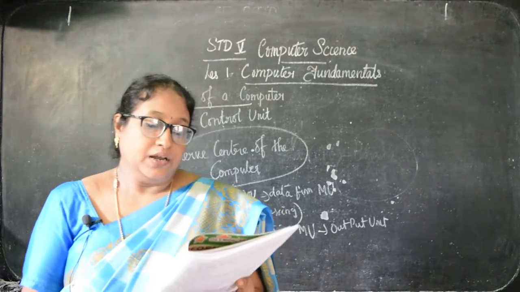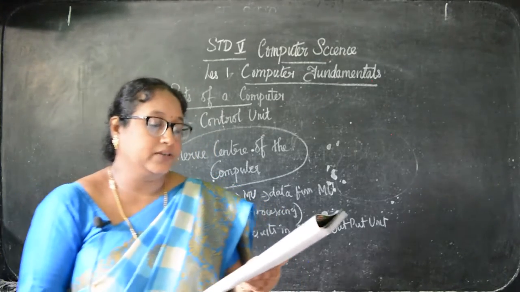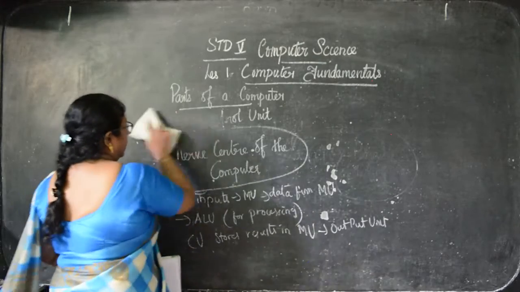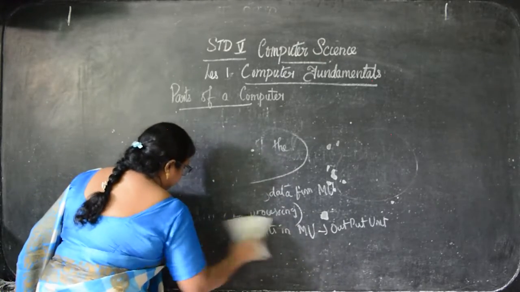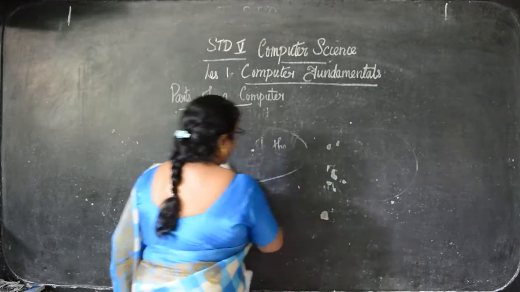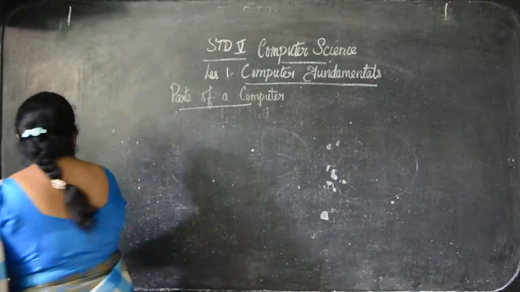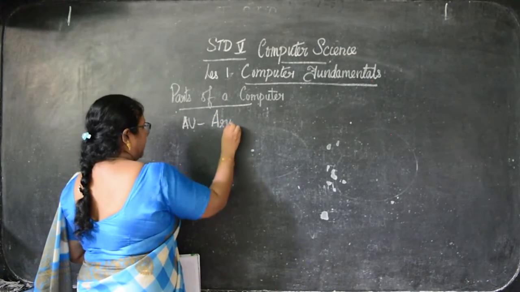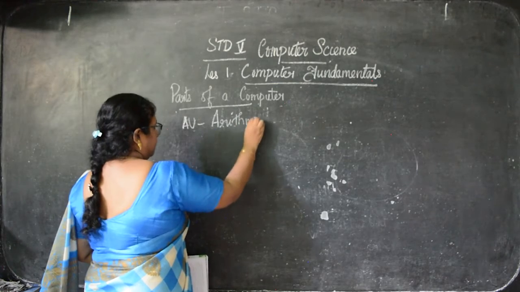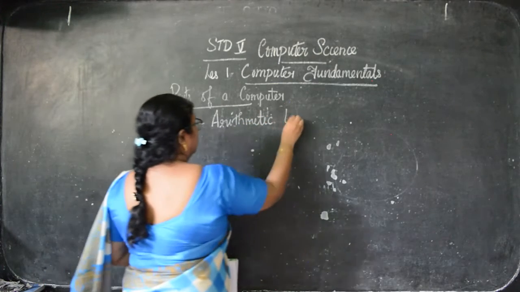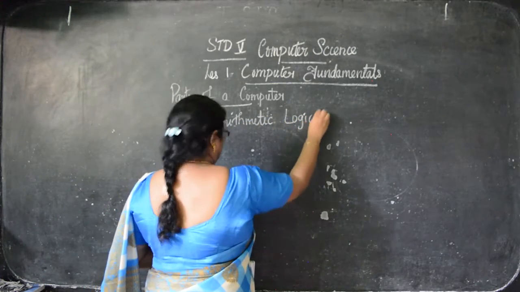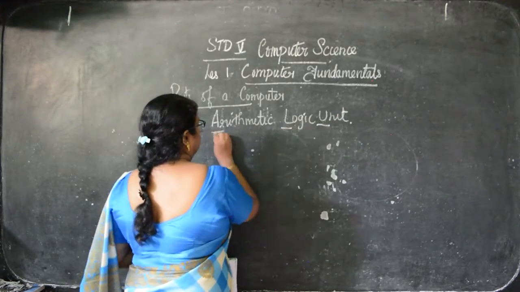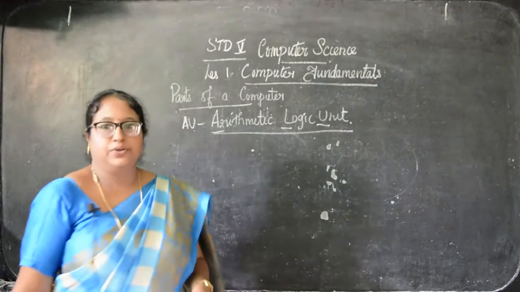Okay, children. Now next is the arithmetic logic unit. Next we are going to see the arithmetic logic unit. So ALU, arithmetic logic unit.